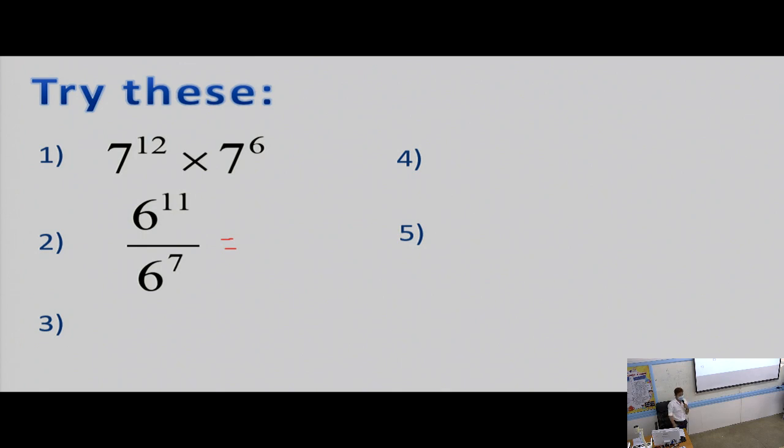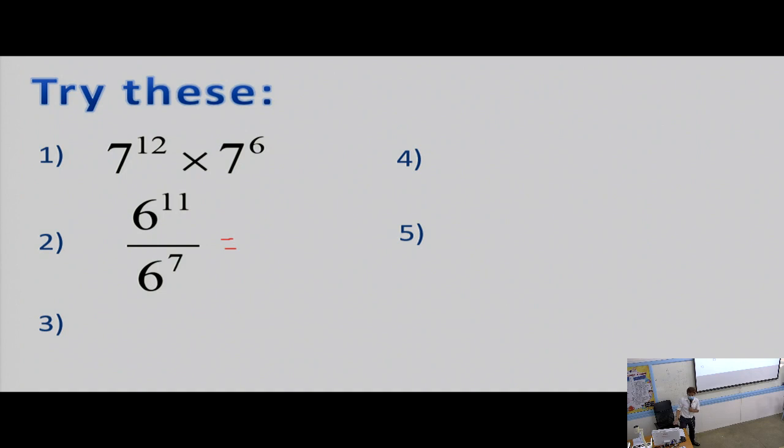6 to the power of 11 divided by 6 to the power of 7. What would be the answer? Of 4.